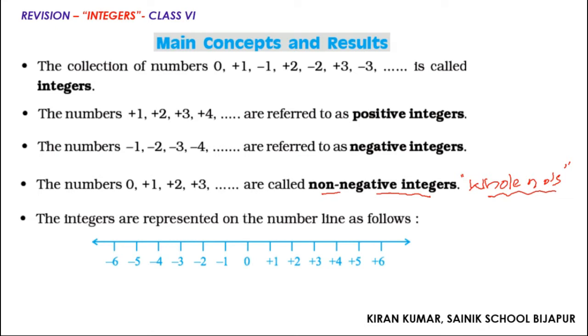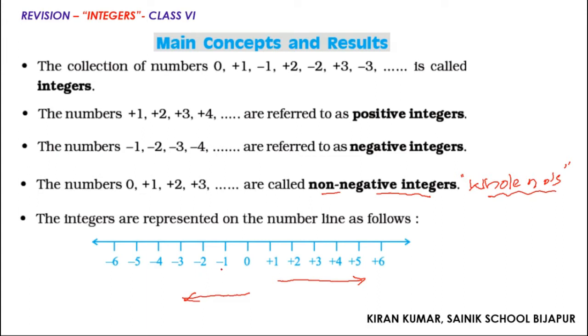If you look at each of the numbers, they are spaced with equal distances and they are written in the increasing order. If you move towards the right, we have increase in the value. If you move towards the left, there is a decrease in the value.